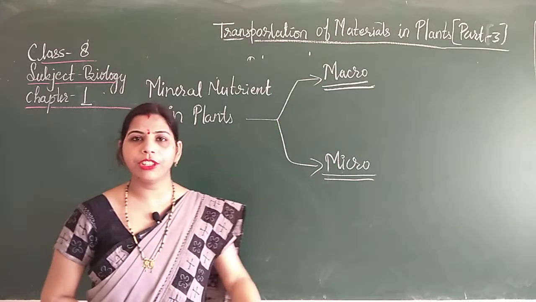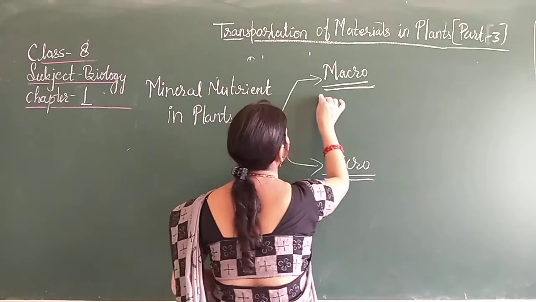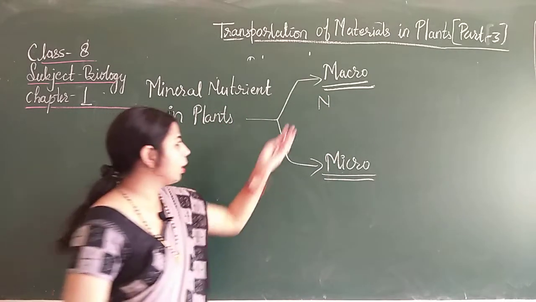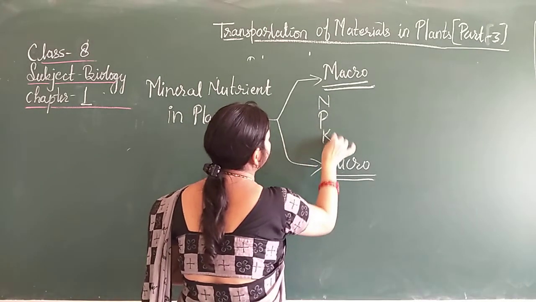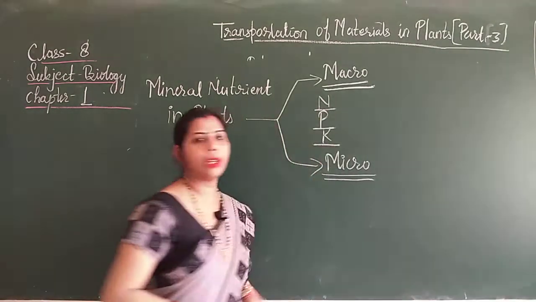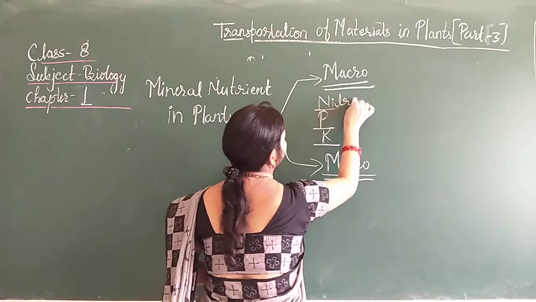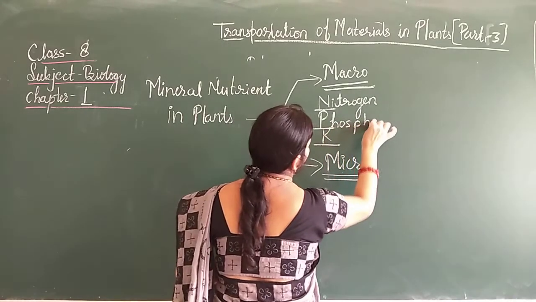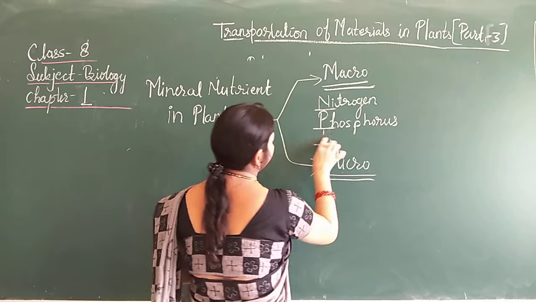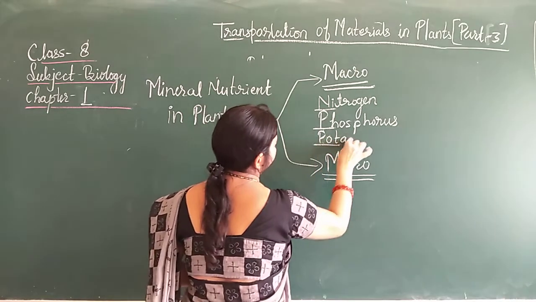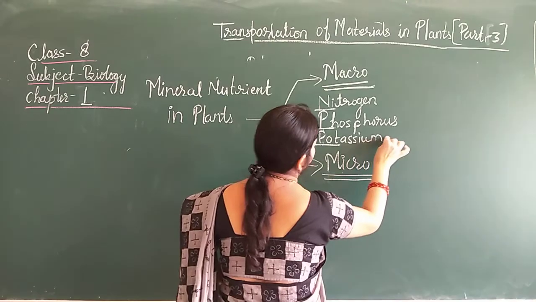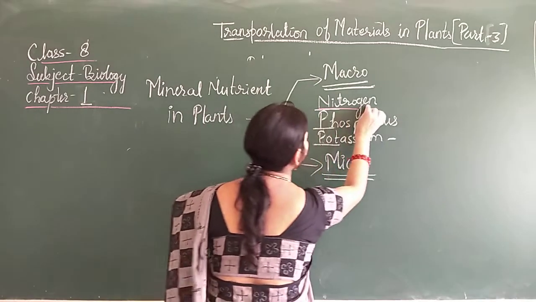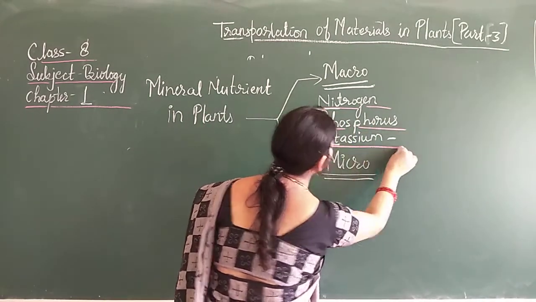So the macronutrients, which are required in huge amount, are the NPK salts: nitrogen, phosphorus and potassium, K for potassium. These are the three main nutrients which are required in huge quantity.